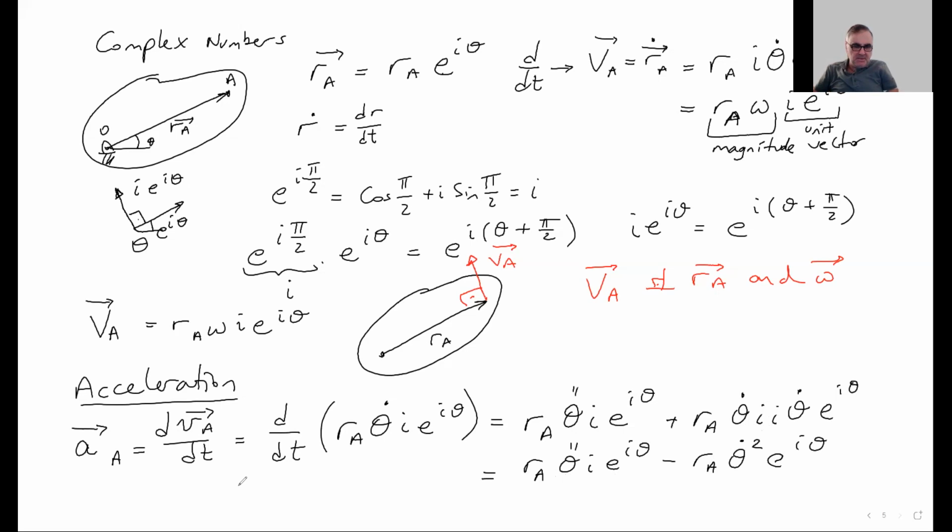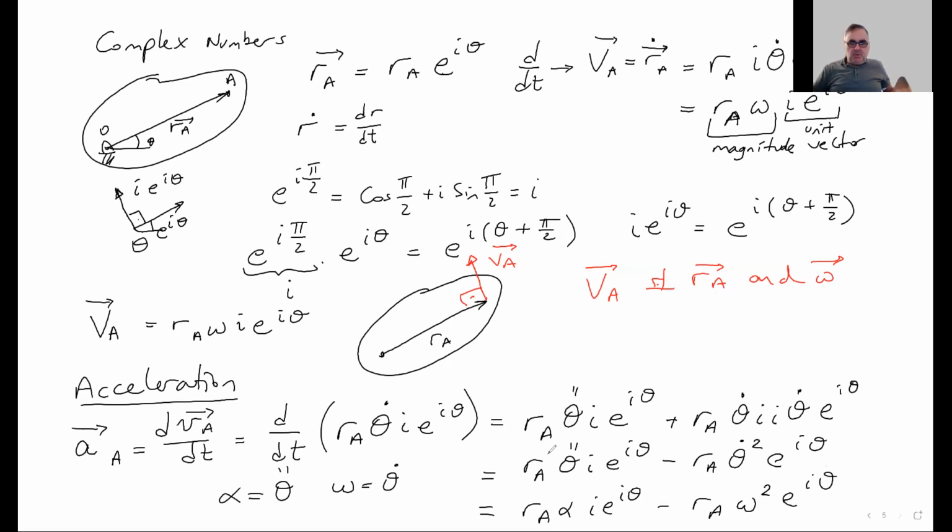Or you can say that alpha is angular acceleration, theta double dot, and omega is theta dot. In which case, this can be written as RA alpha i e to the i theta minus RA omega squared e to the i theta.